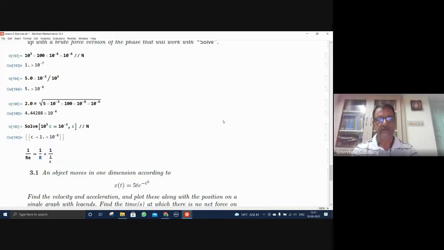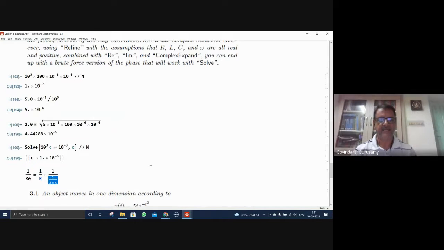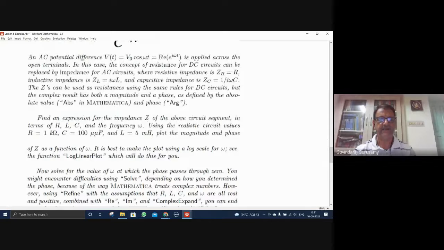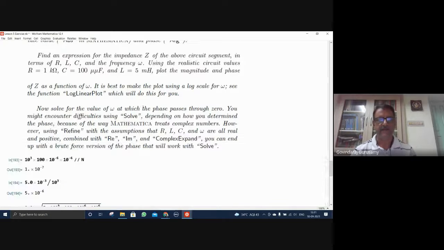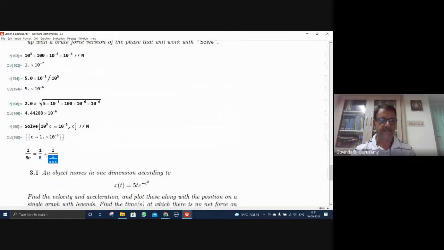Then what do you have? Omega and C. Is it right? What I have written, is it right? Because this is your resistance here. This is the reactive part. This is the resistance line, and 1 by is the effective value because they are in parallel.